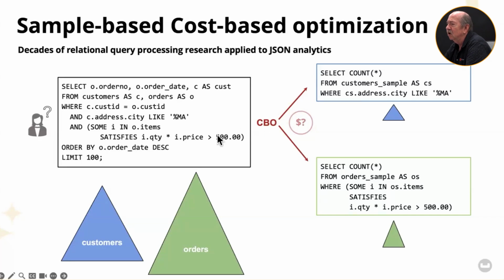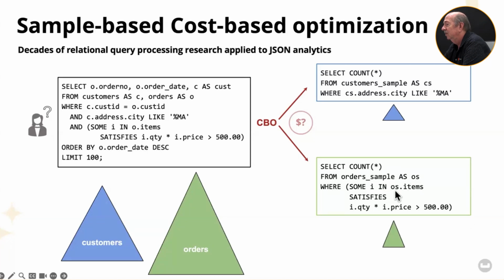And then likewise, there's a part of this predicate which is complicated because it's JSON and there's nested data. I'm interested in finding this overall answer only for the orders that have items where quantity times price is greater than 500. Good luck with histograms doing that. But with sampling, what the CBO optimizer for Capella Columnar does is ask: how many things in my order sample satisfy this predicate?